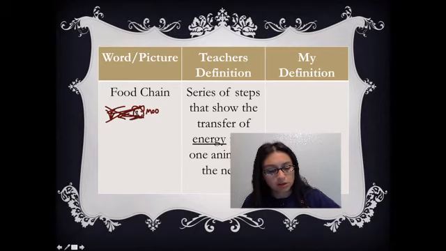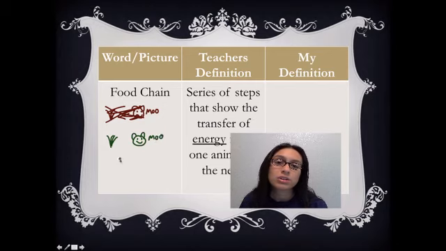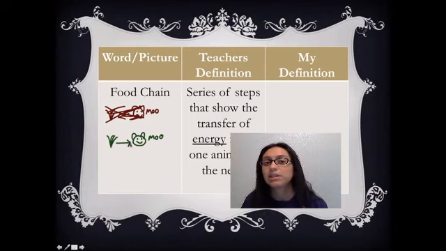Okay? The correct way to draw a food chain is like this. So let's say we have grass here, and here's my poorly drawn cow once again. Gotta get his eye in there. Okay. Food chains are to show the direction that energy is flowing in an ecosystem. So energy flows from the grass to the cow when the cow eats the grass.